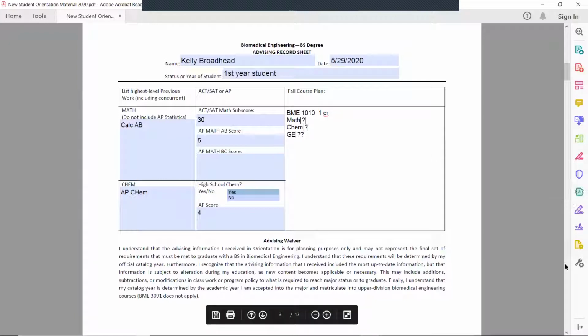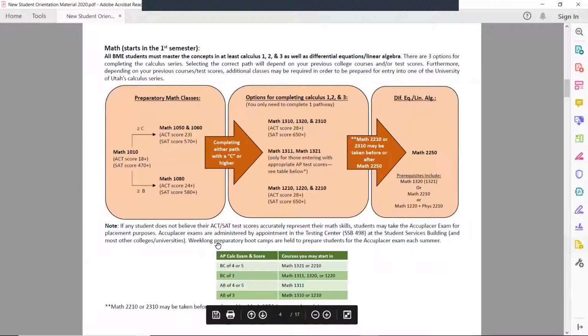So when we go down here, the next page we have is some information about math. Now, at the University of Utah, you come in and get placed into math based primarily on ACT scores or SAT equivalents and or your AP scores if you took AP.